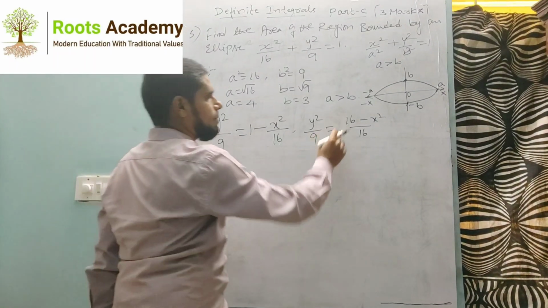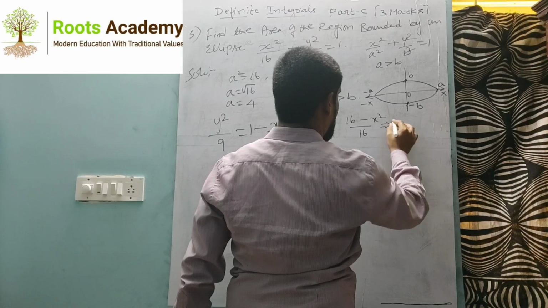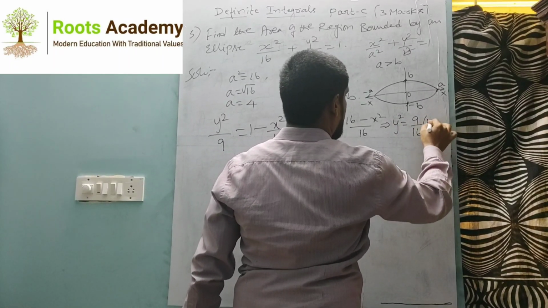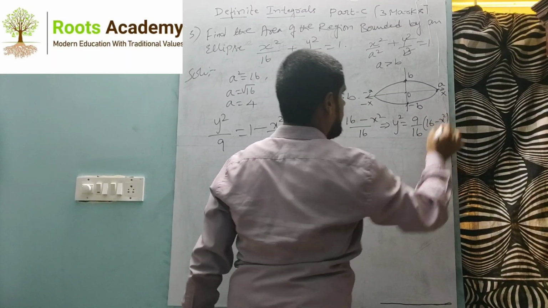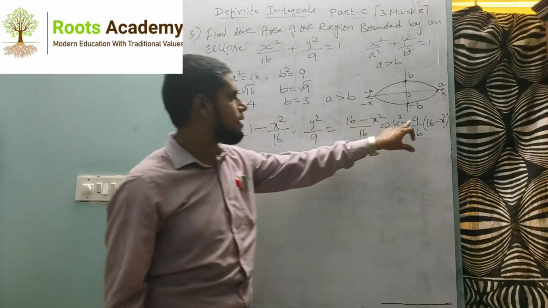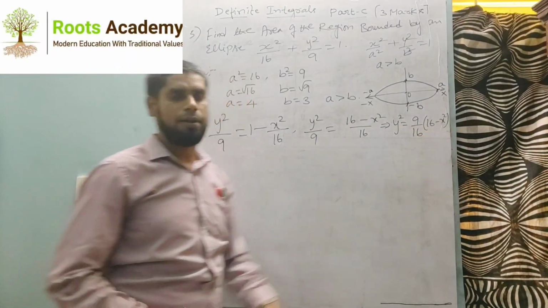If I do cross multiplication, y square is equal to 9 by 16, bracket 16 minus x square.